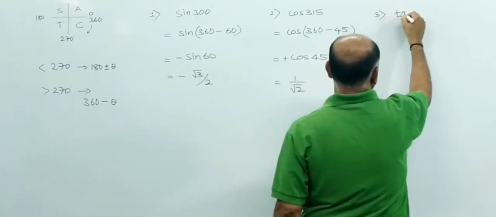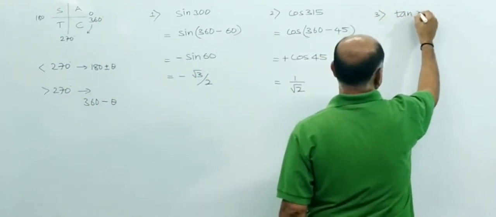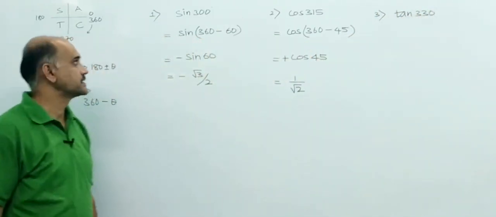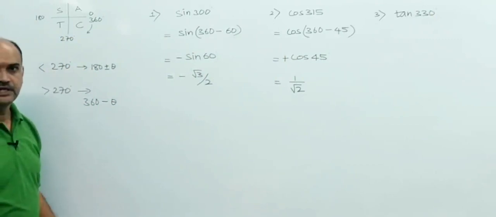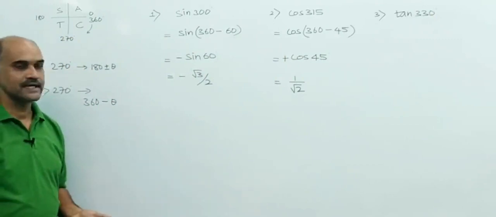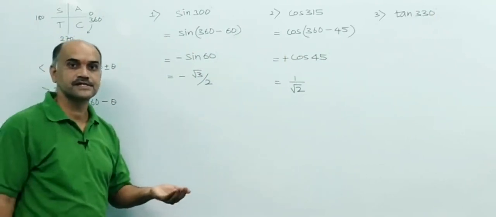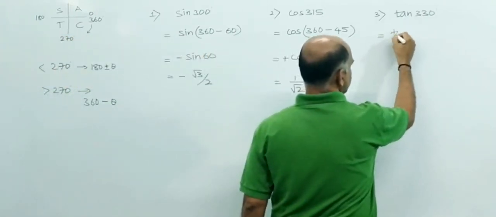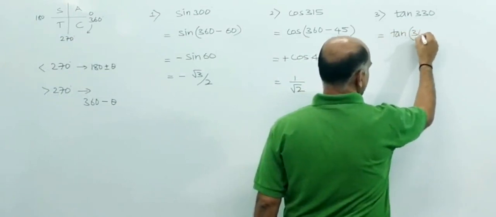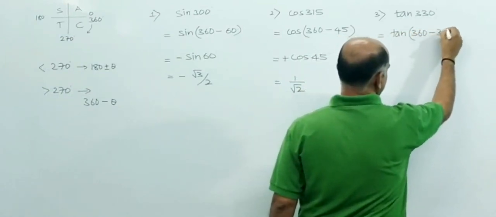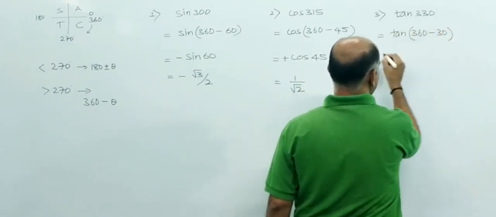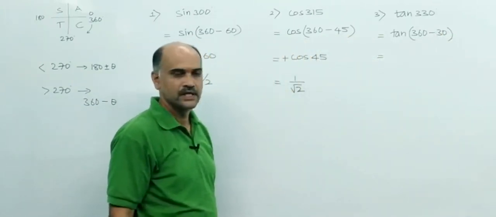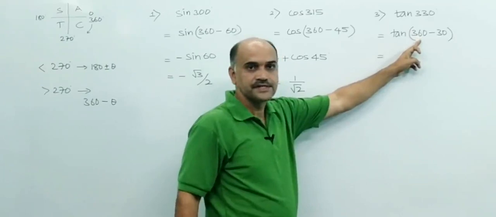Third, tan 330 degree. Now 330 you can write as 360 minus 30. So this is written as tan 360 minus 30. Again leave this 360.